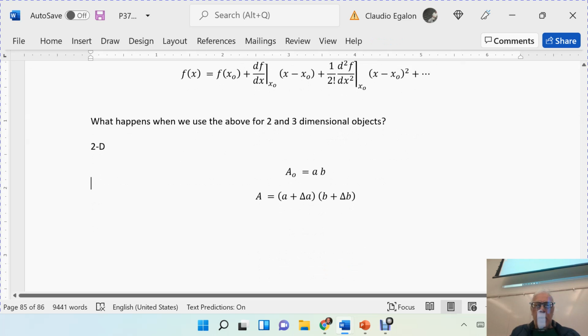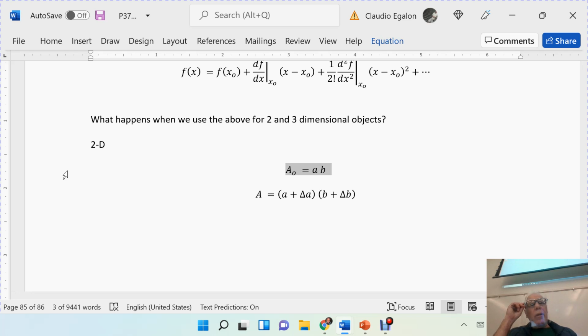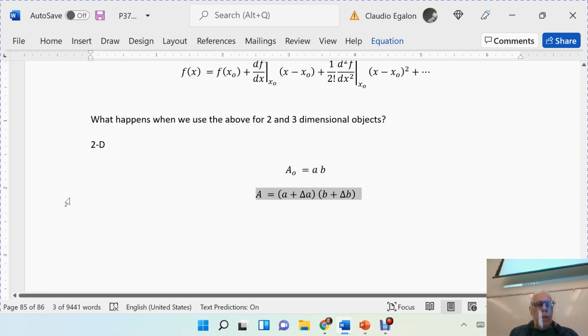And then we go ahead and expand this equation. Remember, this is the area at the initial temperature T naught. We increase or decrease the temperature to T, and each length is going to increase or decrease by an amount delta A and delta B. We expand this relationship. It's very simple, just regular algebra.